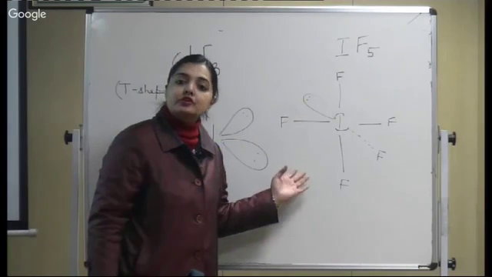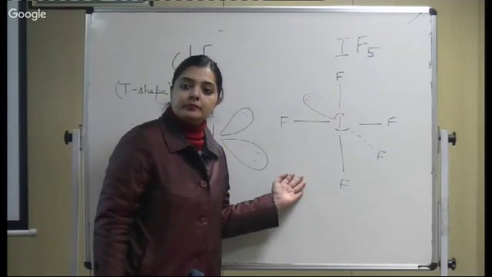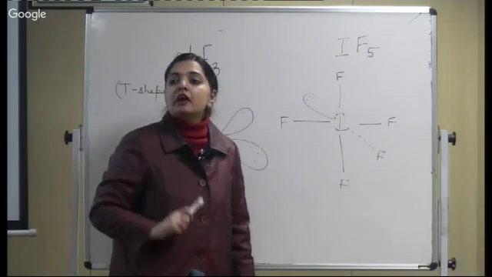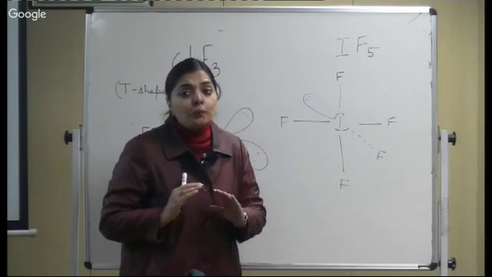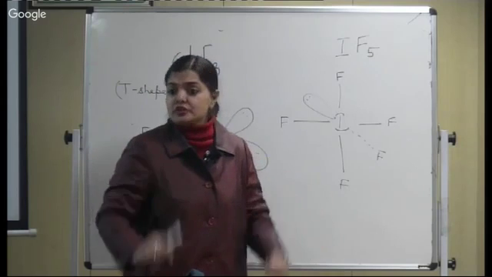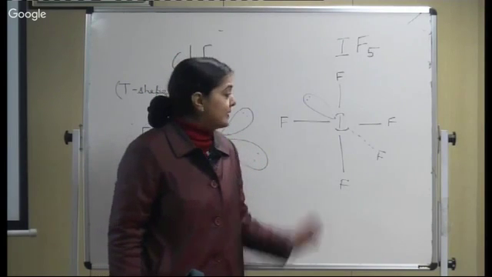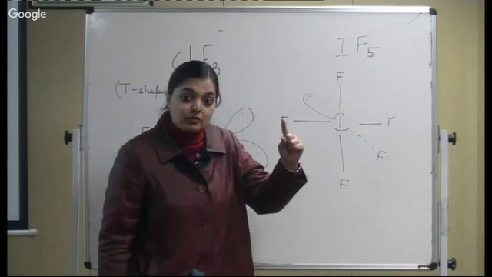Make sure of one thing, that when we mark the geometry, we only look at the bond pairs. Lone pairs never ever are involved in the geometry. Fine. So that means 4 of these in the plane and 1 coming outside.